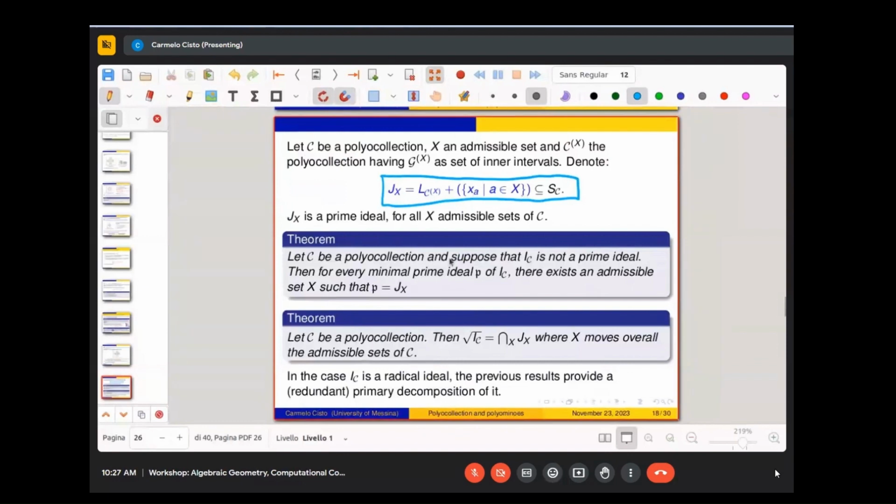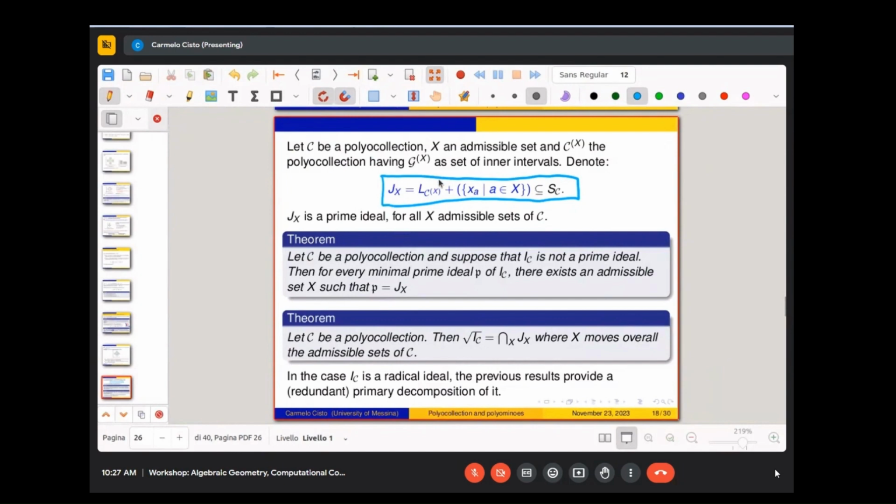These ideals are important because we are able to prove that for every minimal prime of the polyomino collection ideal, we can find an admissible set such that the minimal prime has exactly this form. So every minimal prime is an ideal of this form.